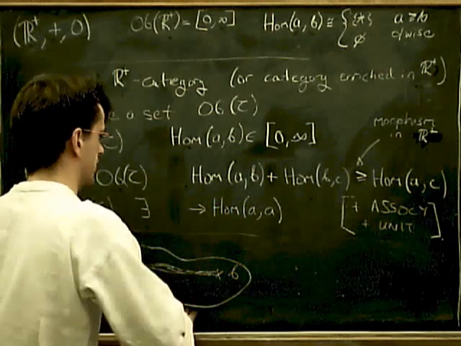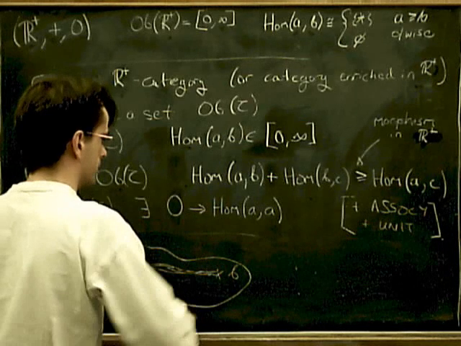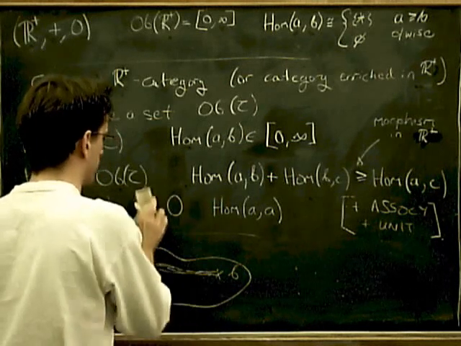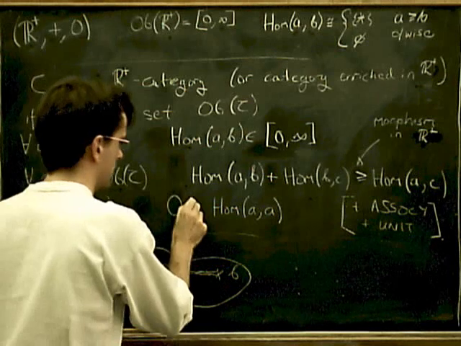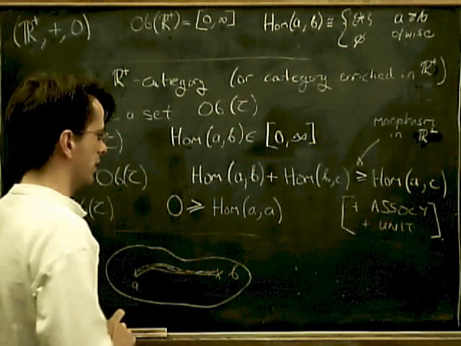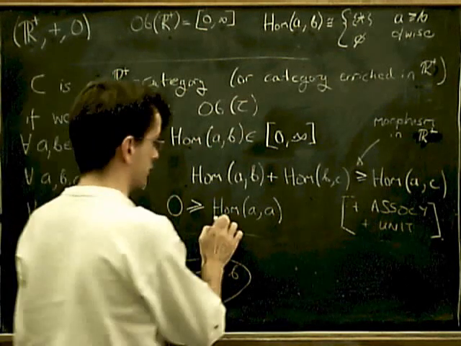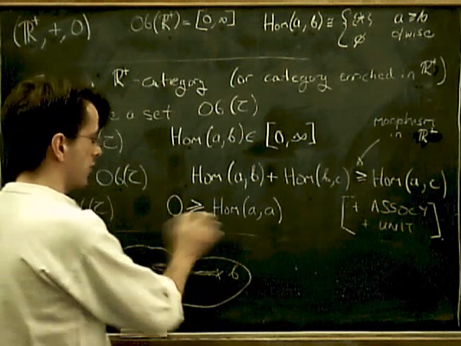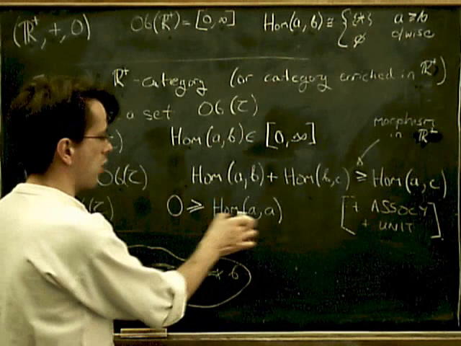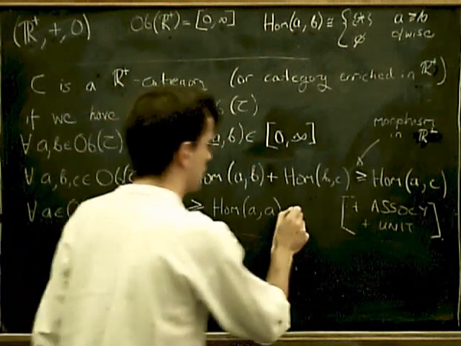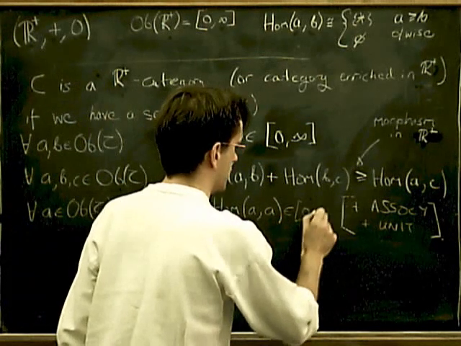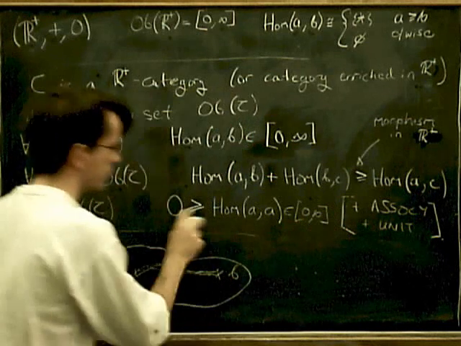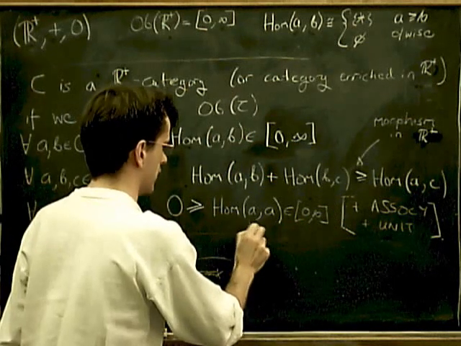Our unit object is just 0, and if we have a morphism from 0 to something else, this is just saying that 0 is bigger than or equal to HOM AA. That's a slightly strange way of writing it. We know that HOM AA is always in 0 to infinity, so that's the same as saying that it equals 0.